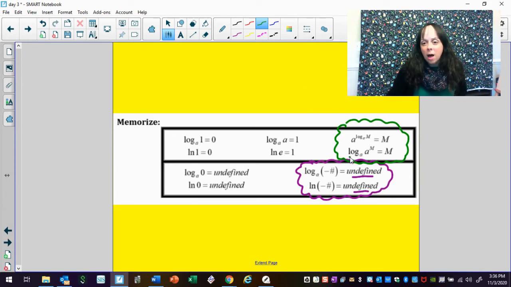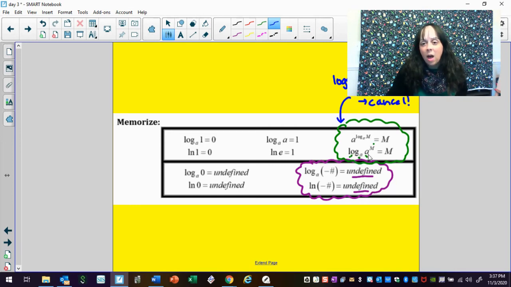When you're doing a log with base A, and then inside that you're doing A to a power, because logs and powers are inverses of each other, they're going to cancel each other out and undo one another, okay? Logs and exponents are inverses, so they cancel.